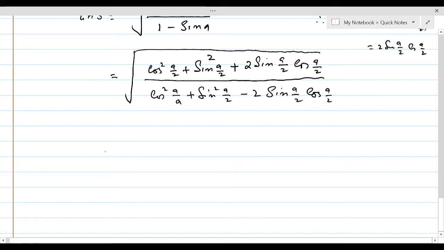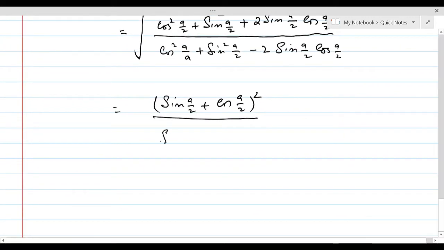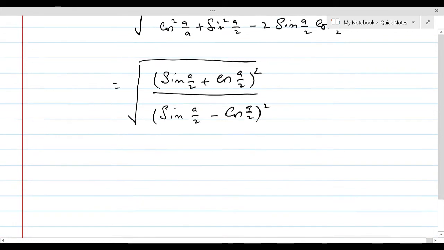And now if you take a look inside the denominator, this is (sin A by 2 plus cos A by 2) whole square, and in the denominator we have (sin A by 2 minus cos A by 2) whole square, and then there is a square root above everything.